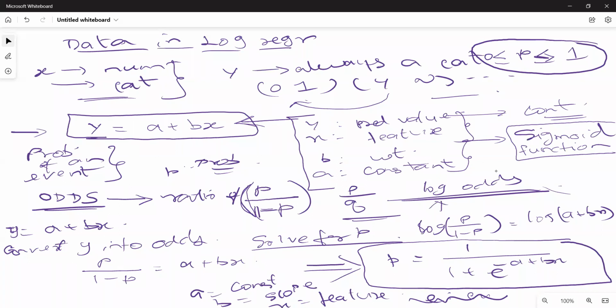Sometimes it is also known as the logit function, L-O-G-I-T. So logit means it is the log odds of this function. So it is either known as a sigmoid function or a logit function. Okay, clear?